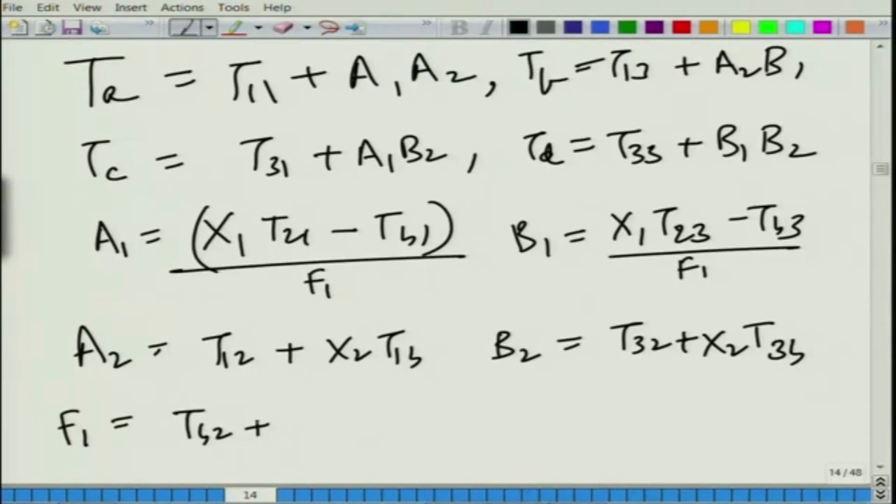Everything is in terms of your known parameters: T 44 minus x 1 T 22 minus x 1 x 2 times T 24.